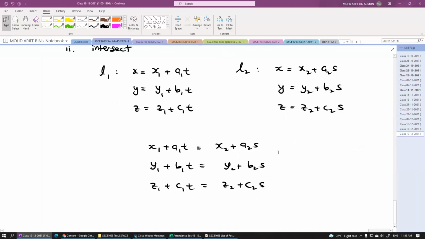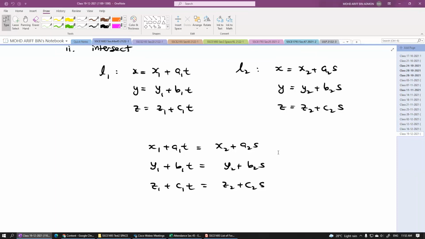If you are having two unknowns, s and t, how many equations do we require to find the values of s and t? How many? At least two.